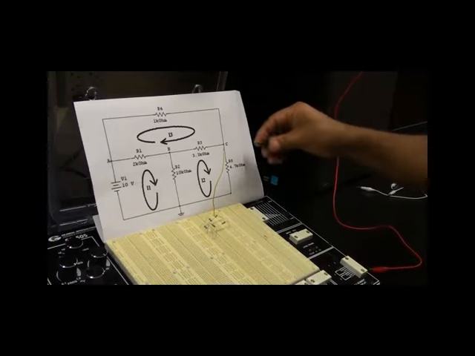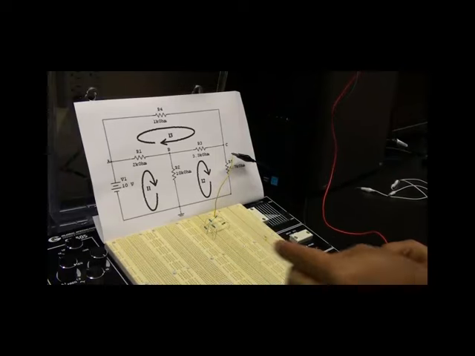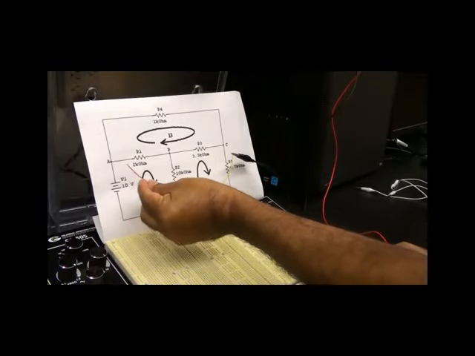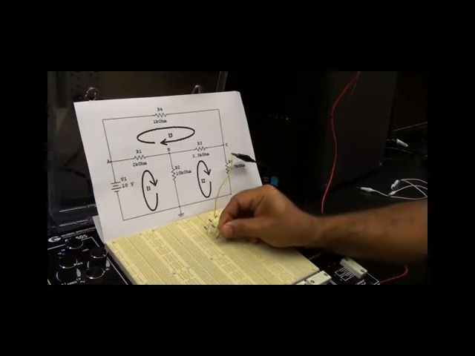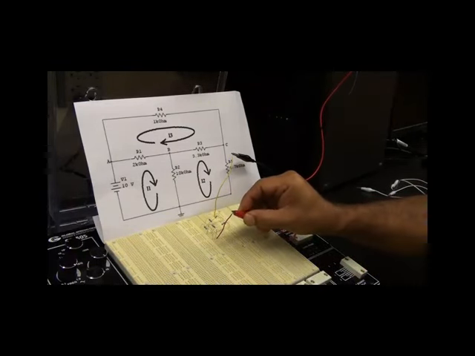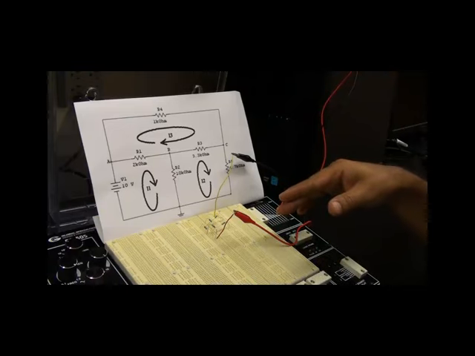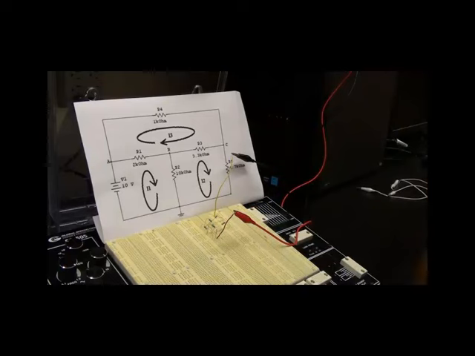So I'm going to connect the ground to the ground that I connected here, and the positive of 10 volt is connected to the shared point between R1 and R4, which is this point. So I'll just connect it to a red or whatever color that you choose, and I connect my positive cable coming from the power supply to here. So as you can see, we preserved the topology and structure of the diagram.